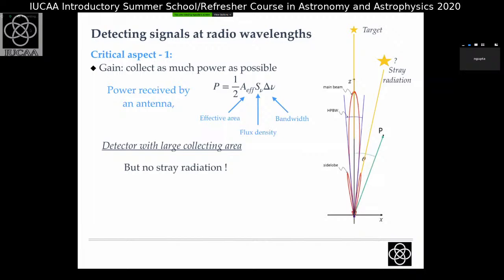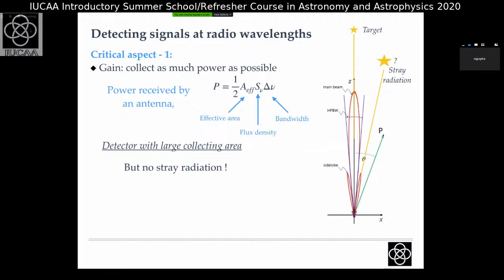That is the first thing that I should try to do, because any stray signal coming in through the side lobes would affect my measurement, and it would also increase the system temperature of my system. If you recall from the last lecture, this means that the noise in my measurement will increase, so the precision will go down. So what we need is a very good main beam efficiency.